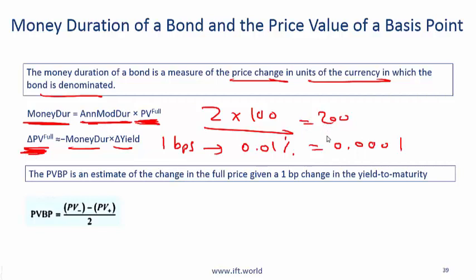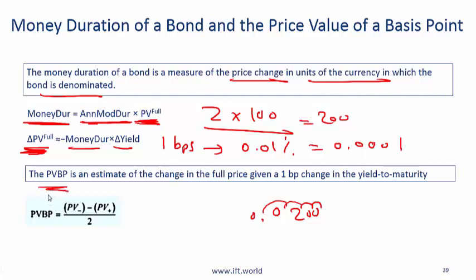It's 200 times 0.0001. So what is that? 200 and then 1, 2, 3, 4 decimal places, so 0.02. So that is the impact on the bond. So this is also the price value of a basis point.